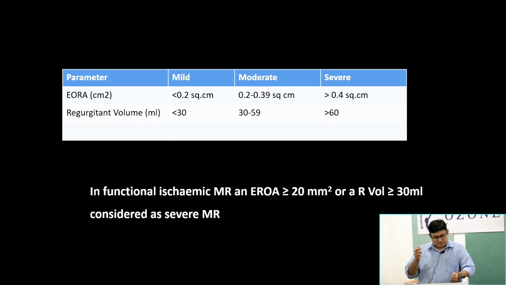One should keep in mind many limitations, because it assumes a circular shape of the EROA, which may not be the case in all MRs. Again, if you make an error in measuring your radius, this error will be squared. And of course it is time consuming.